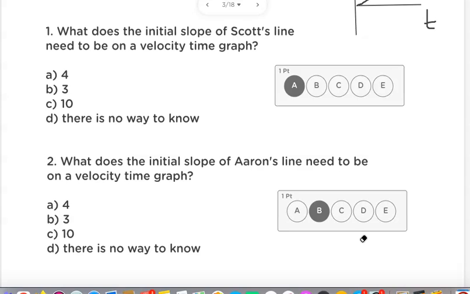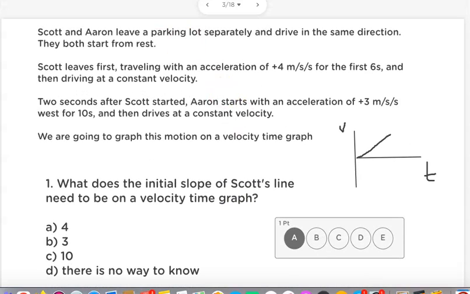So the reason is because Scott is traveling with an acceleration of 4 meters per second for 6 seconds. Well, on a velocity time graph, the slope is the acceleration.